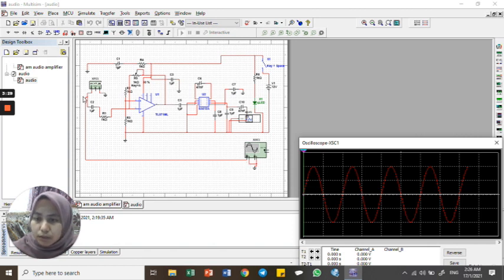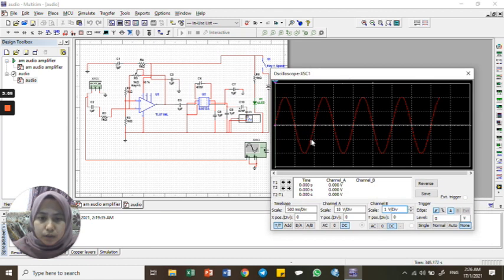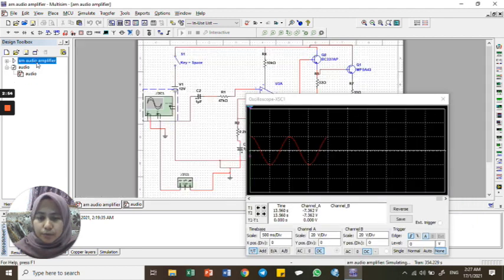The oscilloscope is connected to the function generator input and to the C2 capacitor. After we finish constructing the circuit, we generate the output waveform, and it will appear as a sine waveform like this.